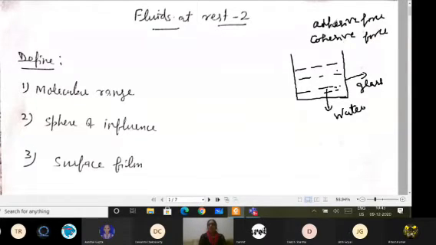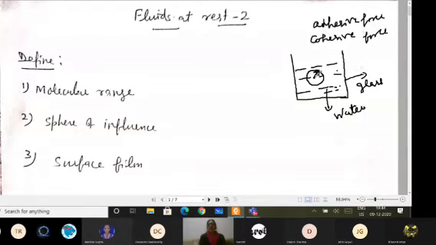Few more definitions along with these two: one is molecular range. If I take any one molecule of the water, it is able to apply its force of attraction up to a particular distance. Like when we discussed gravitation, we said Earth is able to attract things up to a particular distance, that is the range of the Earth's attractive force.